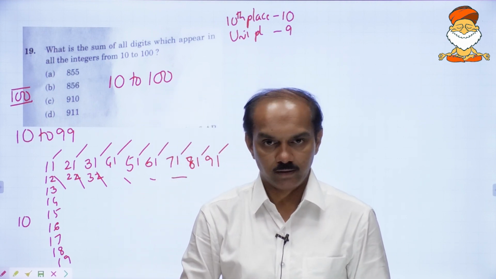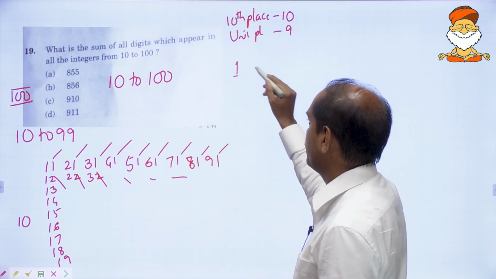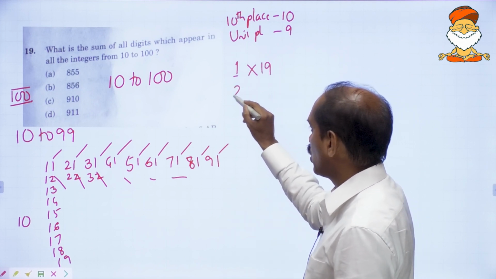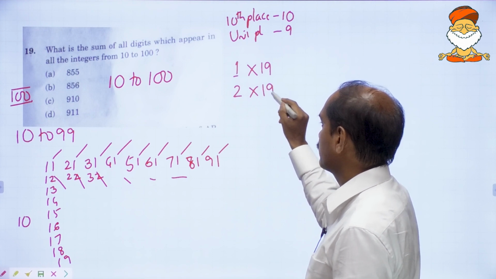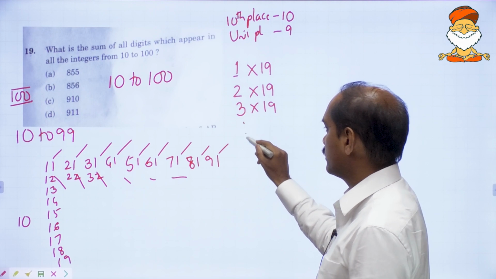This is a point to be noted. So coming to 1, it is appearing 19 times. Coming to 2, it is appearing 19 times. Coming to 3, it is appearing 19 times. And this is how it goes till 9.